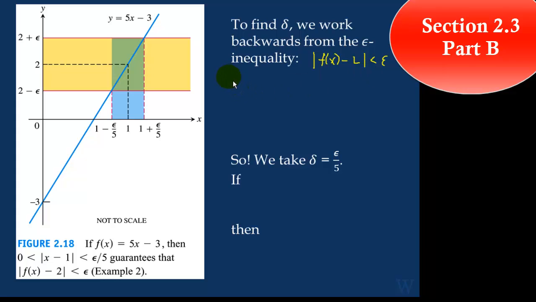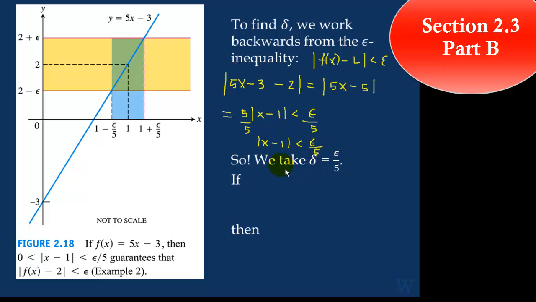So remember, our y, or f of x, is 5x minus 3 minus 2, and that is equal to, from the previous slide, |5x minus 5|. Pull out the 5, and that is less than epsilon. Divide through by 5 will give us this inequality: |x minus 1| is less than epsilon over 5.